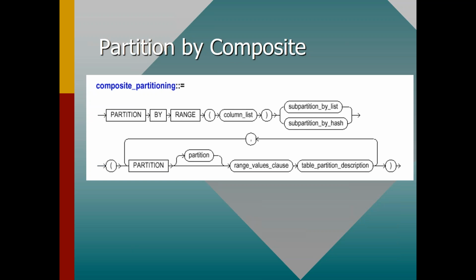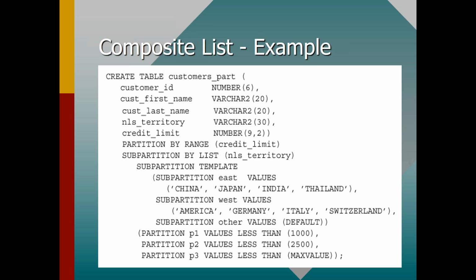Then our next type is composite partitioning, where we combine the different partition types: range, list, or hash. Something like this, where we can have partition by range and subpartition by list.